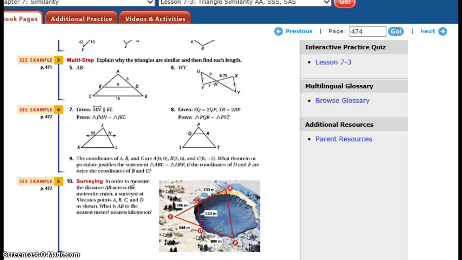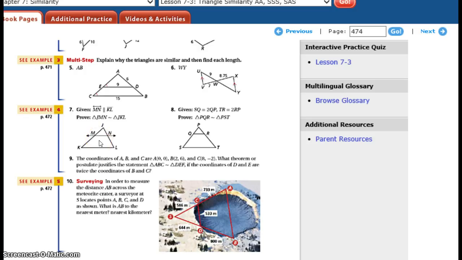Because of what we know about parallel lines, we know that angle K is congruent to angle M because of the corresponding angles property. Because they're corresponding angles, they are congruent. So now we have one angle. We also, by the same property, know that angle L and angle N are corresponding, and therefore congruent.